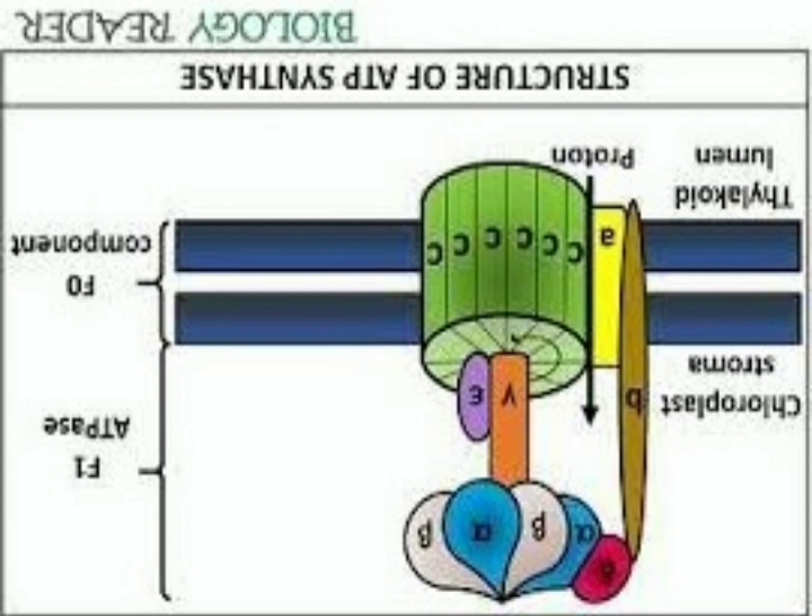When the FO subunit rotates, the gamma handle rotates, and due to the rotation of the gamma handle, the beta subunits undergo conformational change, and due to this the protons are transferred from outside the membrane to inside the membrane. So this transfer of hydrogen ions from outside the membrane to inside the membrane is known as the chemiosmotic hypothesis.